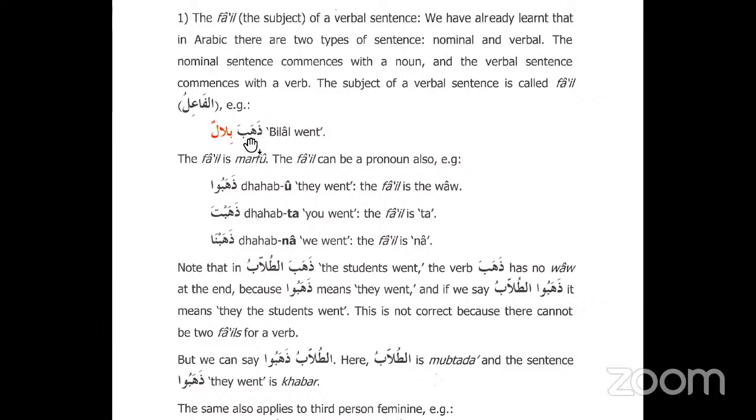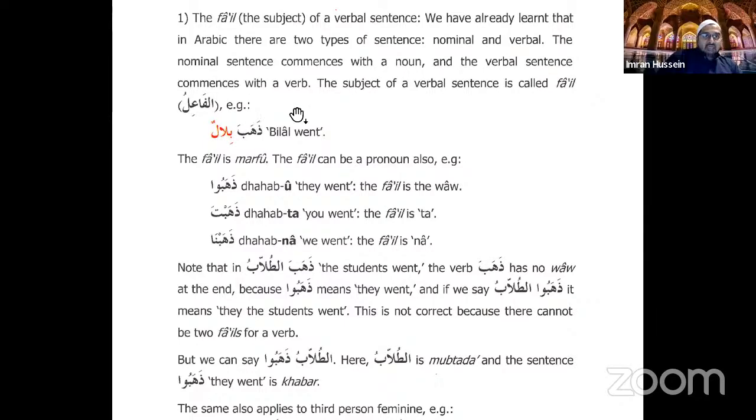Bilal went. Now, the other point this lesson is trying to explain: sometimes the doer of the verb can be a noun, like Bilal, and sometimes every verb has a pronoun attached to it, a suffix, which represents who is performing the action.